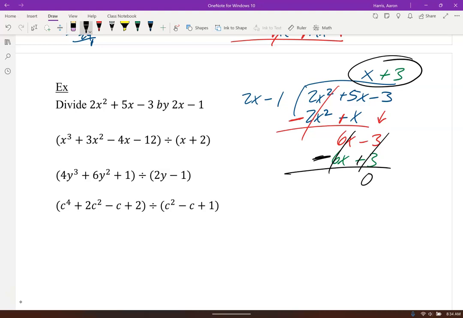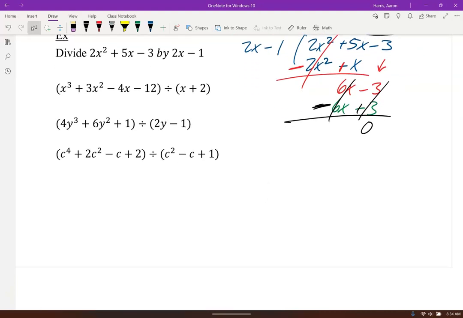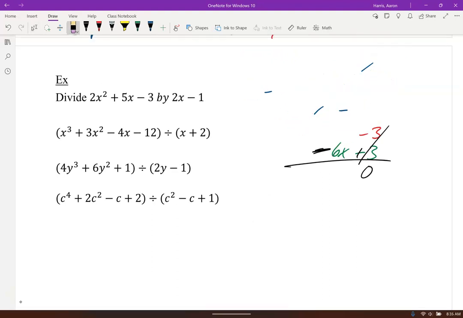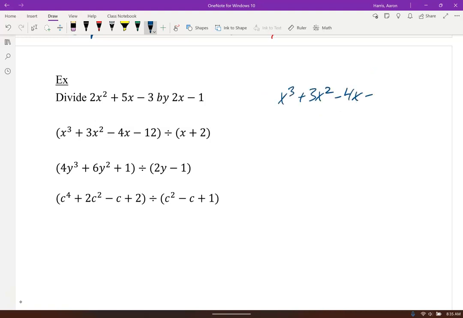All right, let's do that next one. X cubed plus 3x squared minus 4x minus 12 divided by x plus 2.